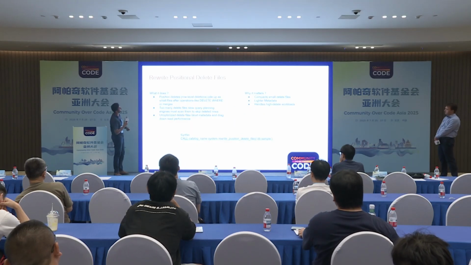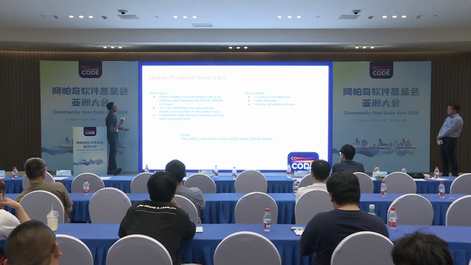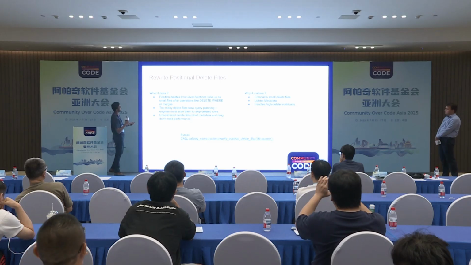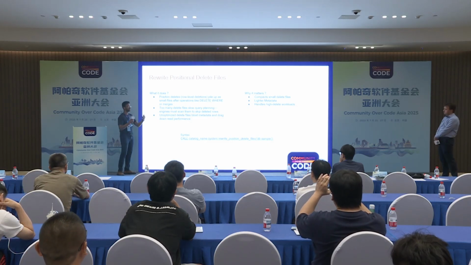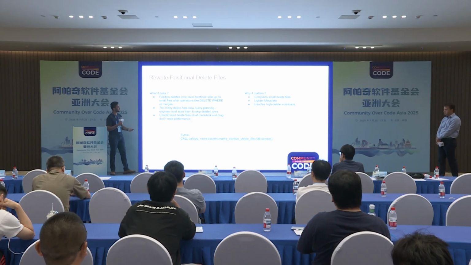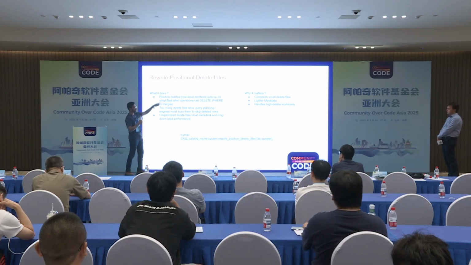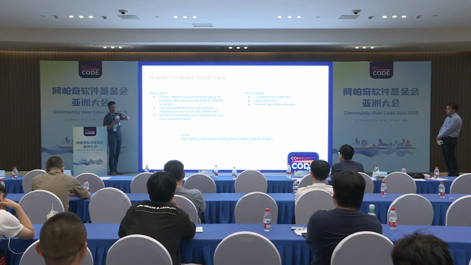The next step is rewrite position deletes. What it does: when you delete some data in an Iceberg table, it creates either positional deletes or equality deletes. So let's talk about the position delete. When you do a row-level delete, it piles up small files after the delete or merge operations, which sometimes creates too many delete files.